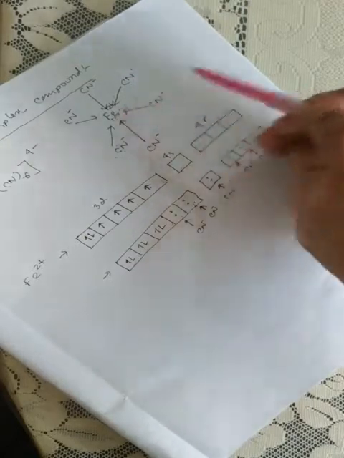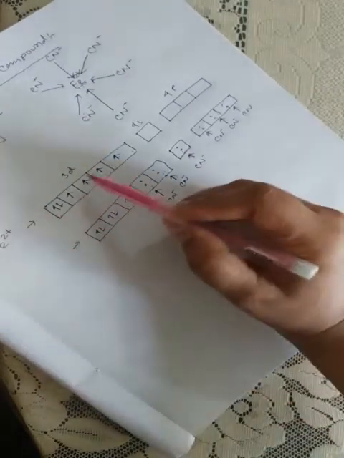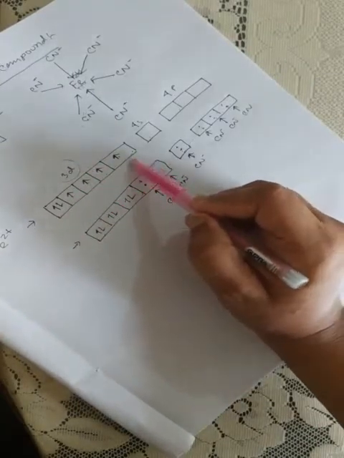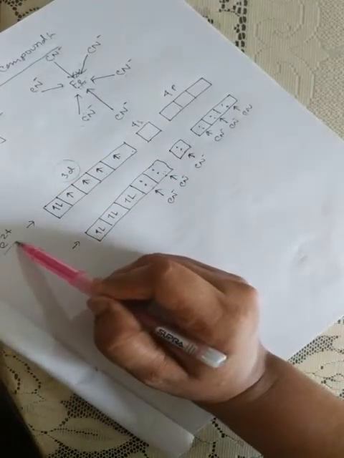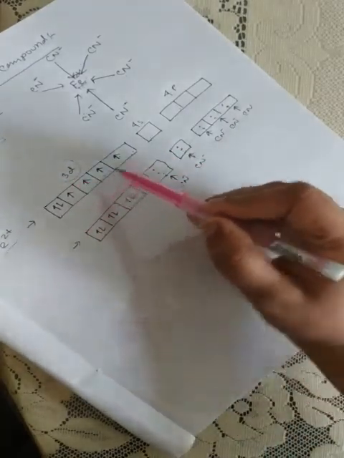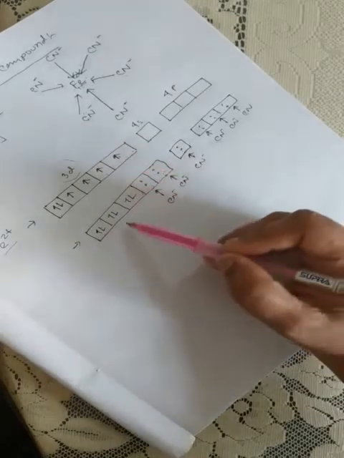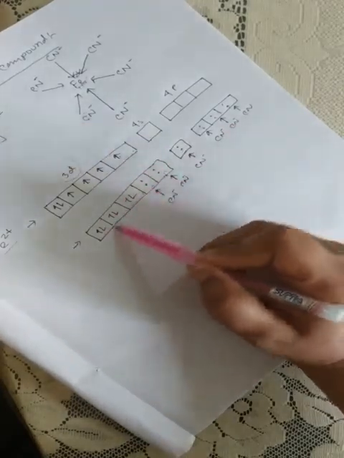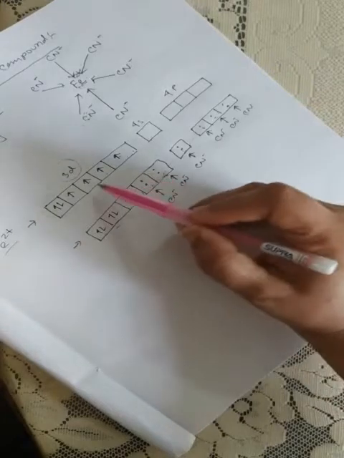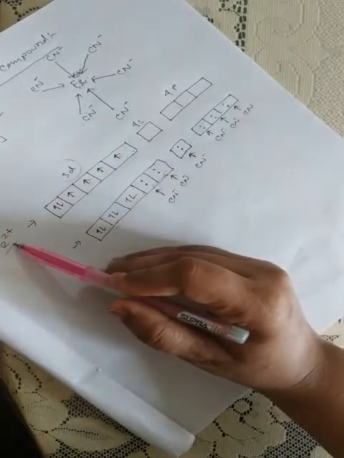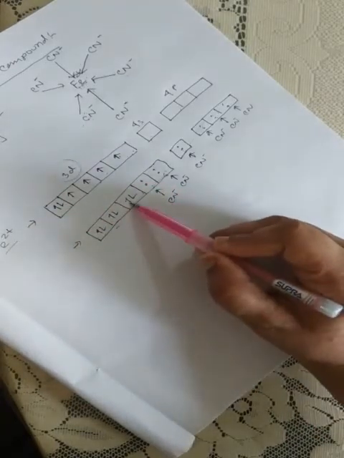Okay, and the outermost shell or valence shell electronic configuration is like that. For iron, this valence shell electronic configuration is converted into this electronic configuration. That means the 4 unpaired electrons of iron Fe2 plus become paired.